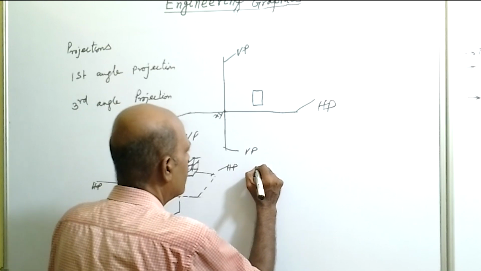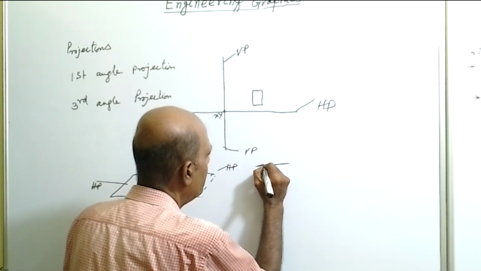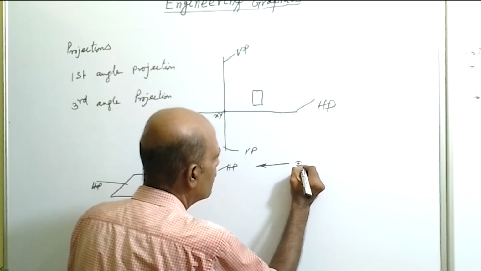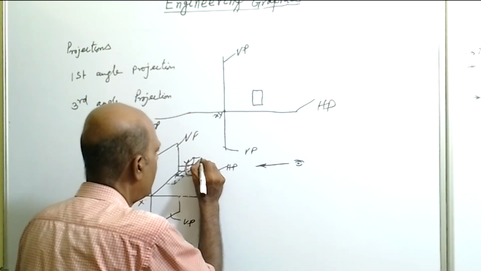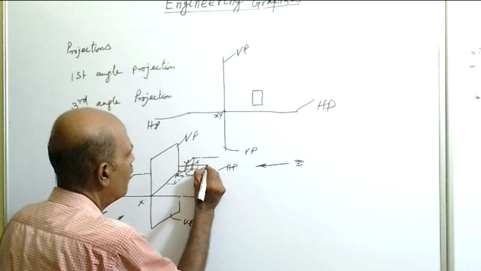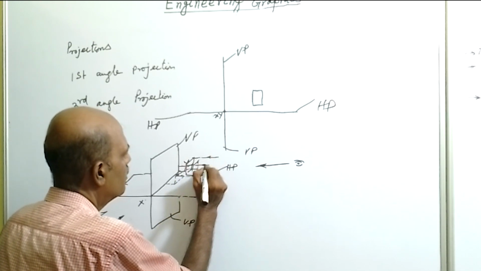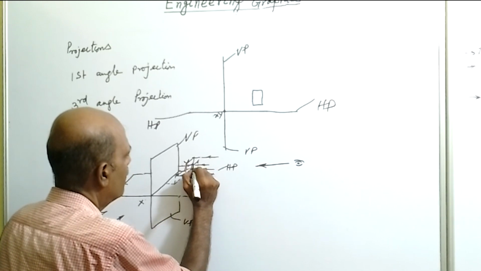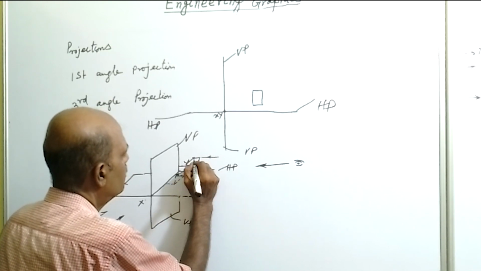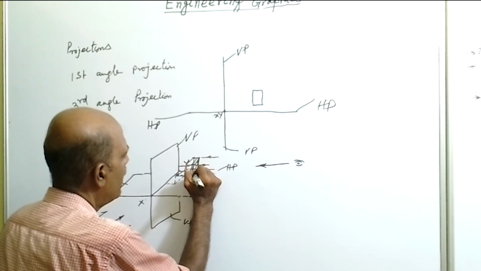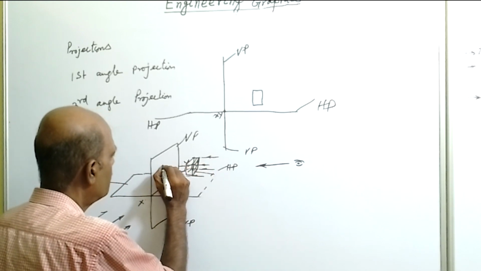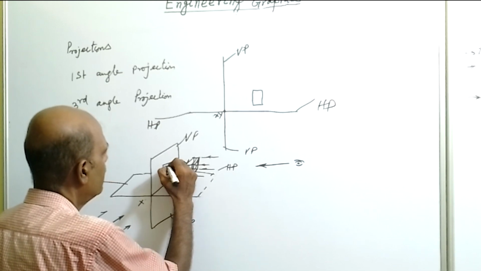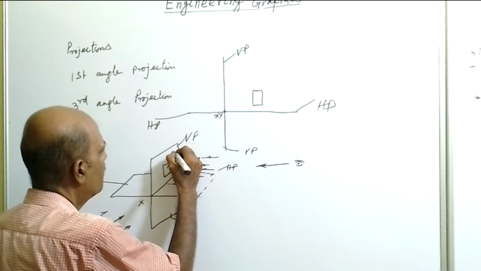Now the observer is at the right side at an infinite distance. So the observer looks at the object. A parallel beam of light is falling on the object, so the observer can view only this face, and the image of this face will be projected over the VP, and this is known as the front view of the object.